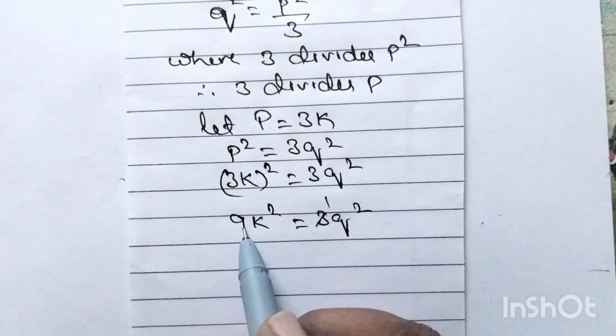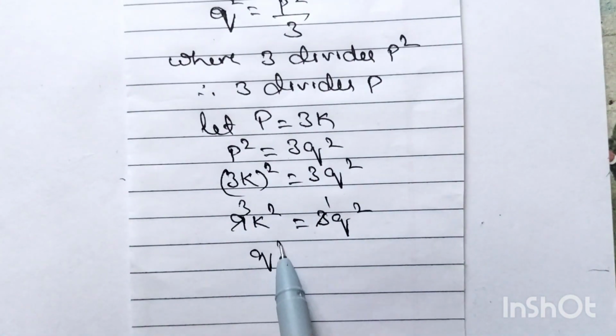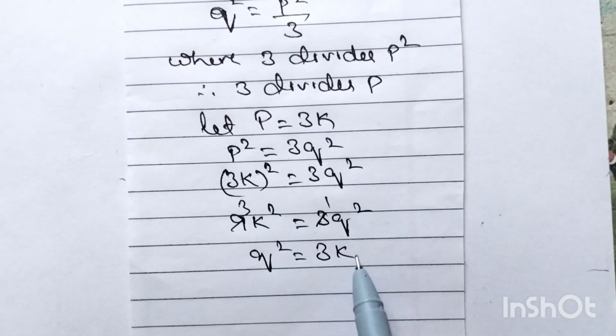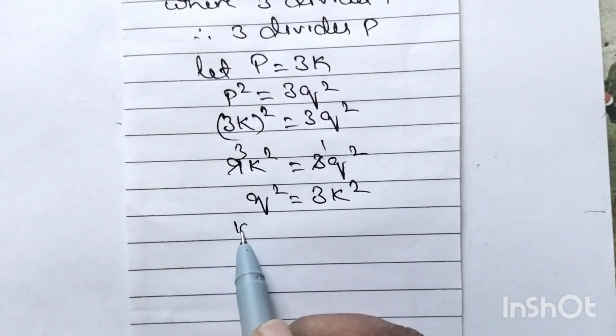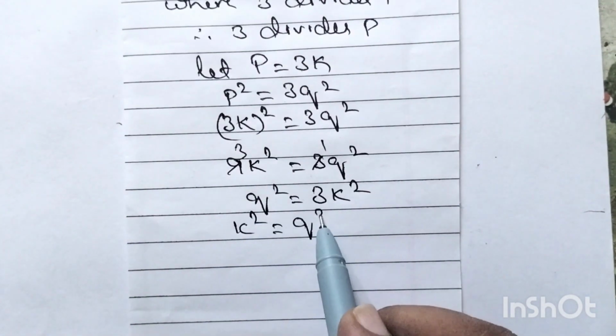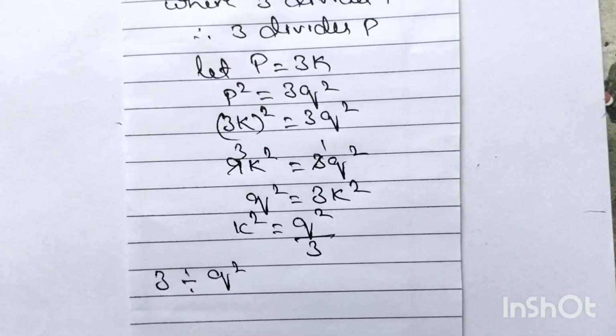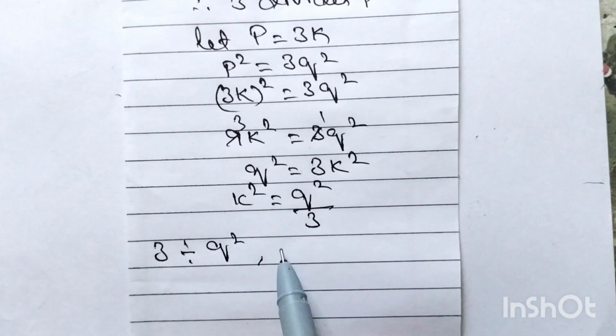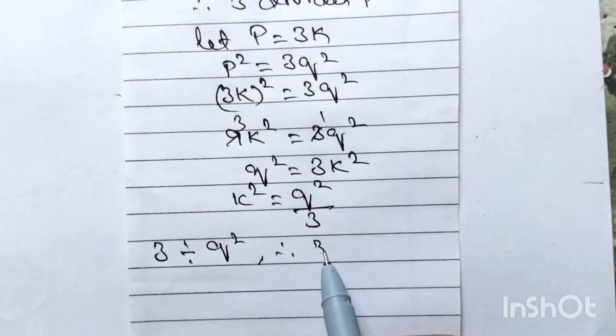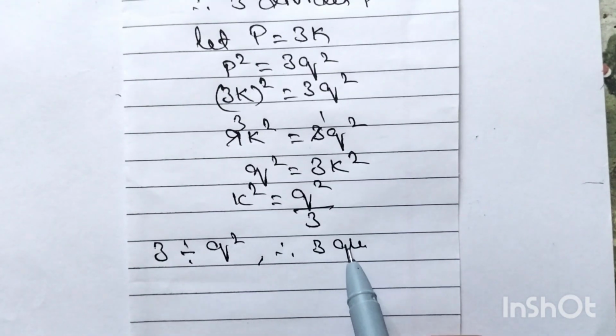So 3 ones are 3, 3 threes are 9. So q square is equal to 3k square. So k square is equal to q square divided by 3. So 3 divides q square, therefore 3 divides q also.